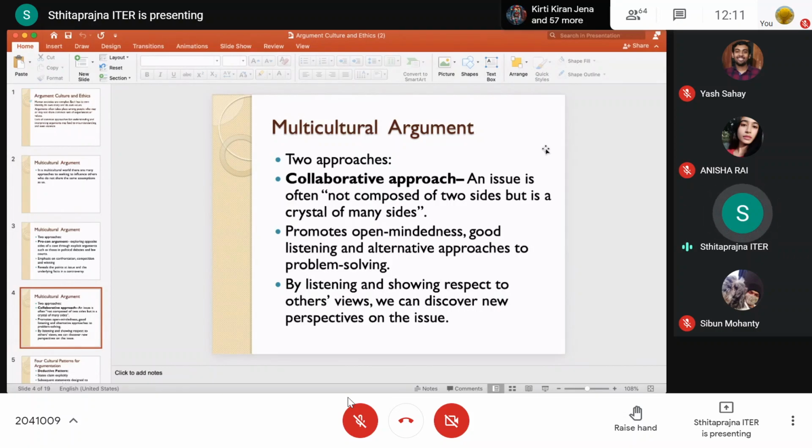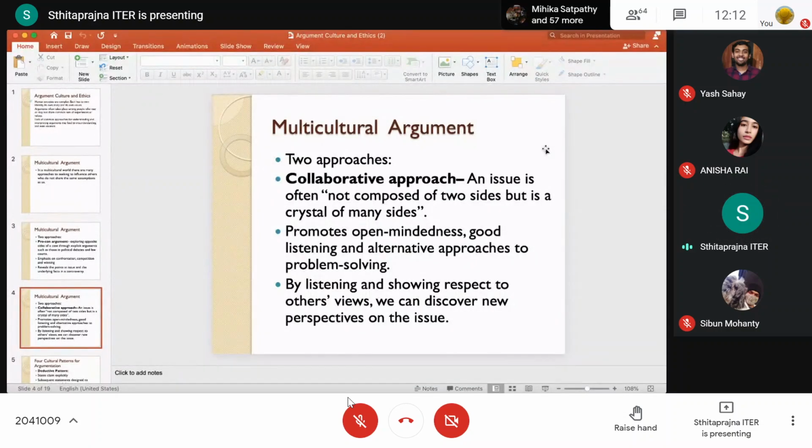You are trying to explore all the aspects. So what happens is this approach promotes open-mindedness, good listening, and most importantly, it gives you alternative approaches to problem solving.